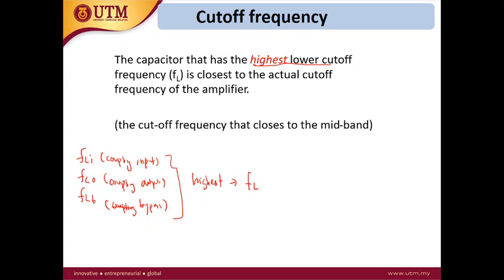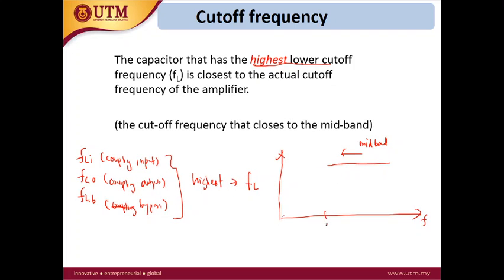So why do we choose the highest? Because the highest frequency value is the value that is closest to the midband. If you consider the Bode plot, the midband is the frequency range at the moderate value. From the midband, going towards the low frequency, it will meet the highest frequency first.